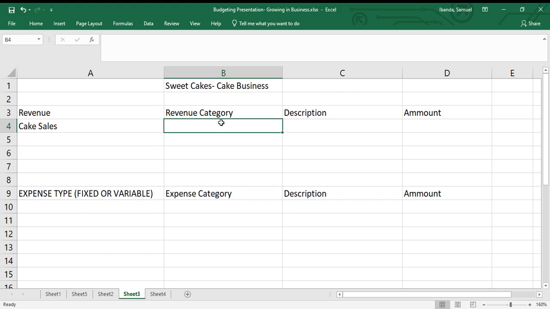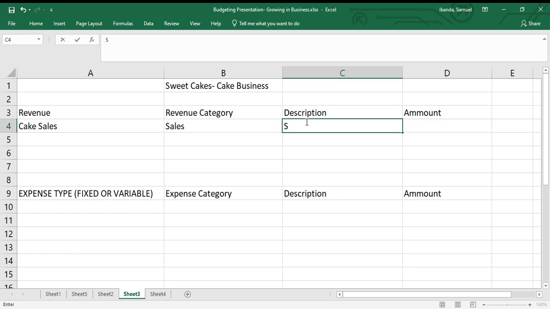You can create this; it is not a mandatory line if you're starting. But in terms of category, this could be sales, and you can have a description here.